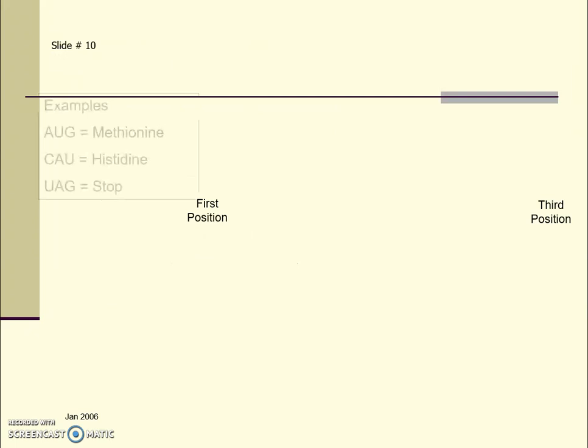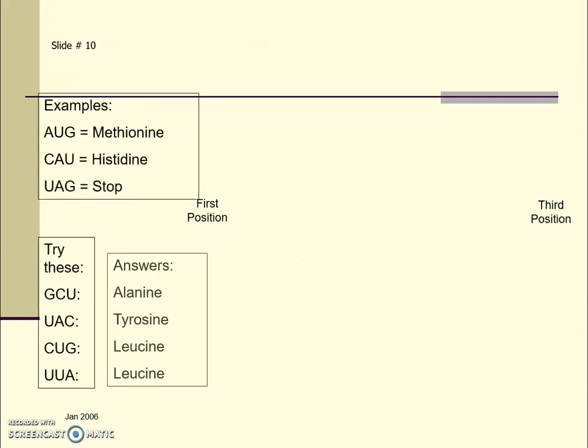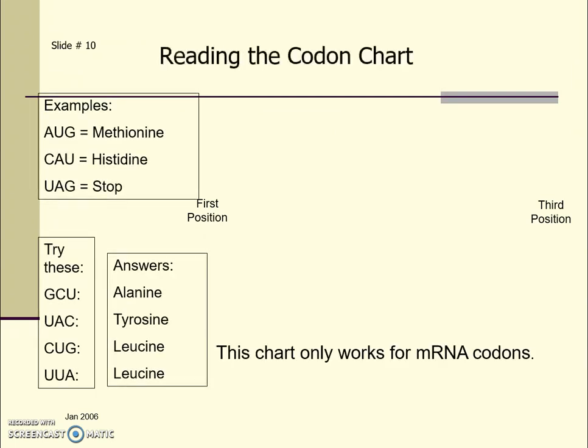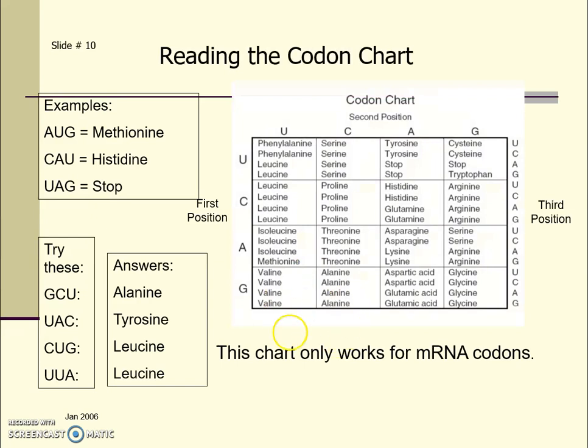So let's look at our codon chart. Now, how to read this codon chart? There are only 20 amino acids that make up all the proteins. So if you look on the first position, all 4 nitrogenous bases are listed. On the top, second position, and on the right side, you have the third position.